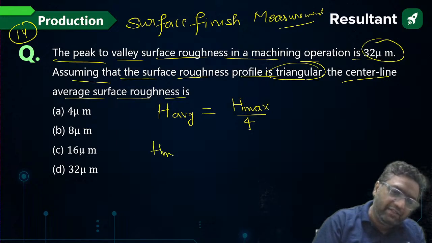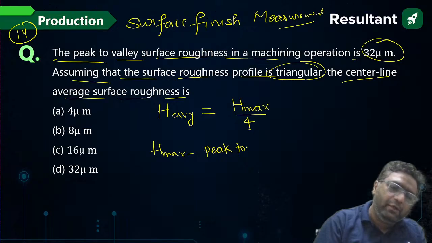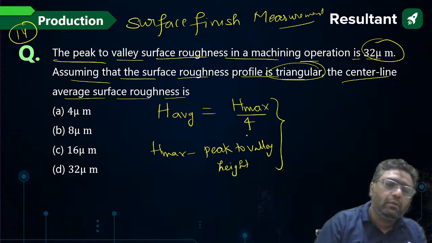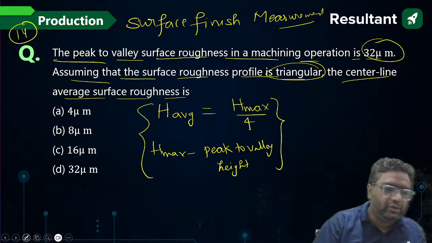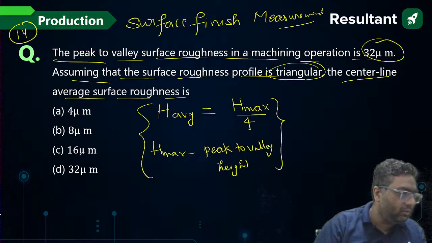Here, maximum surface roughness is the peak to valley height.